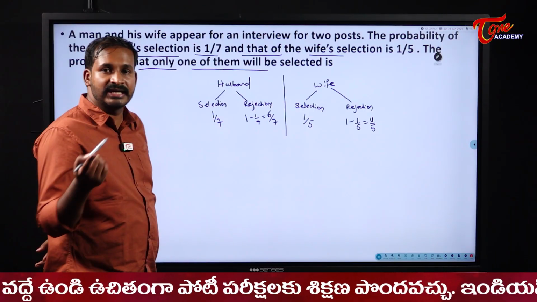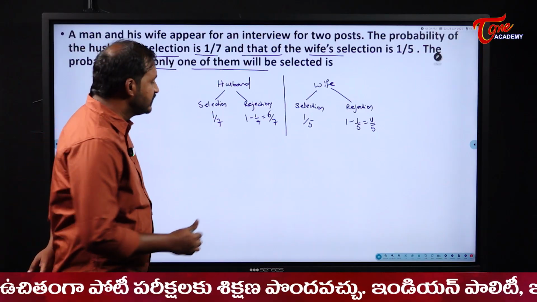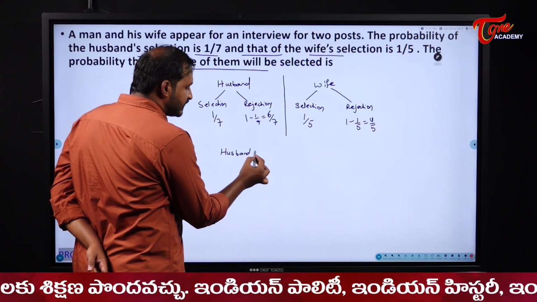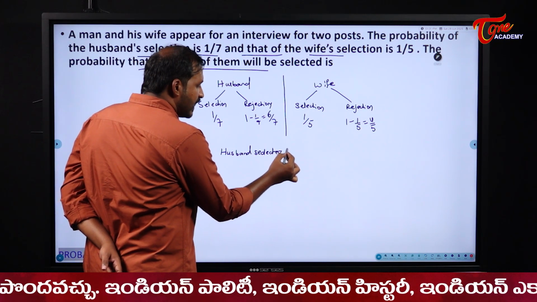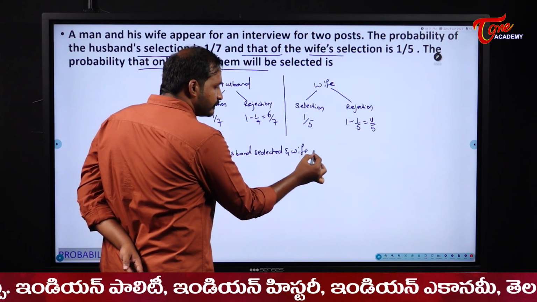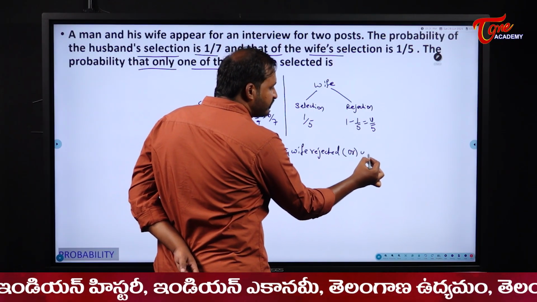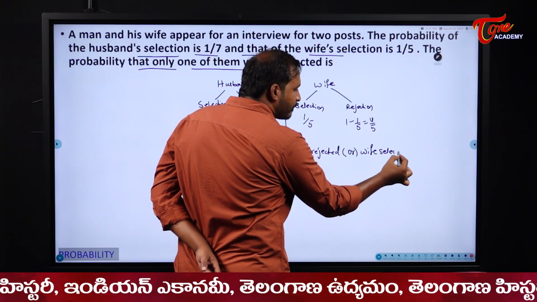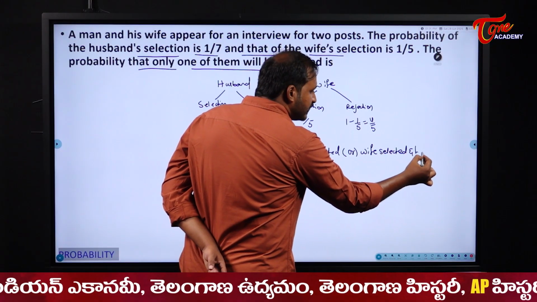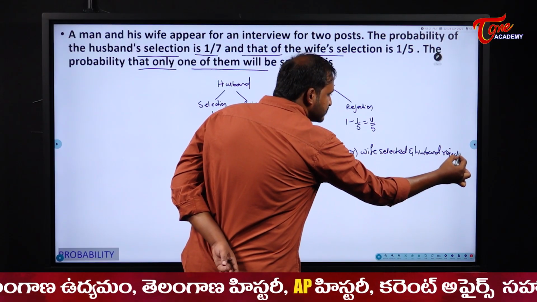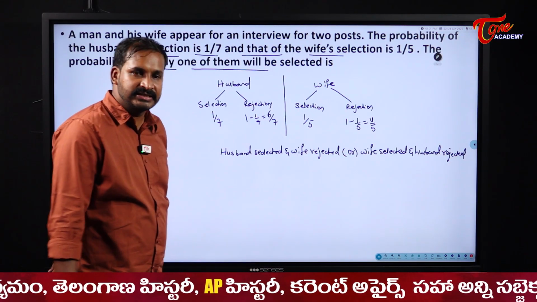What are the chances? Tell me, students. Husband selected and wife rejected, or wife selected and husband rejected. These are the 2 possibilities.